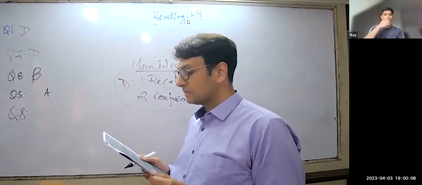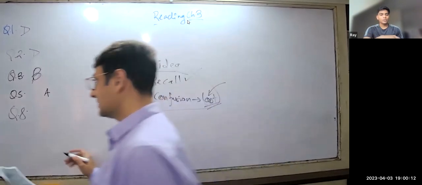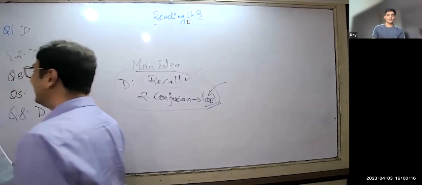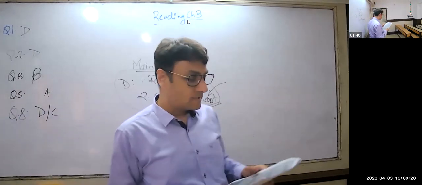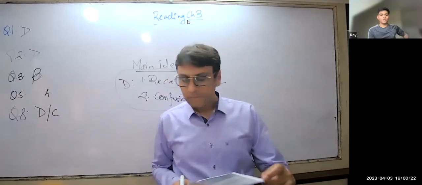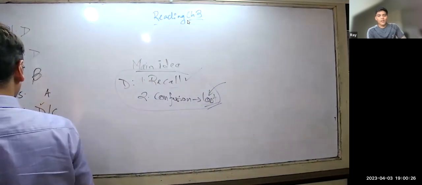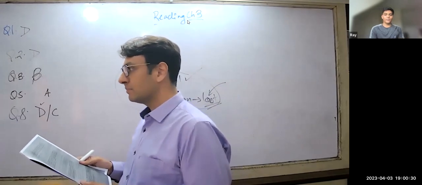I'll say I think it's D. So we can put D first, and then can we also talk about C? Okay, D and C. D or C. But in the exam, I would just go for D, because it's connected to it. But then C also makes sense because they're making a new fabric too.